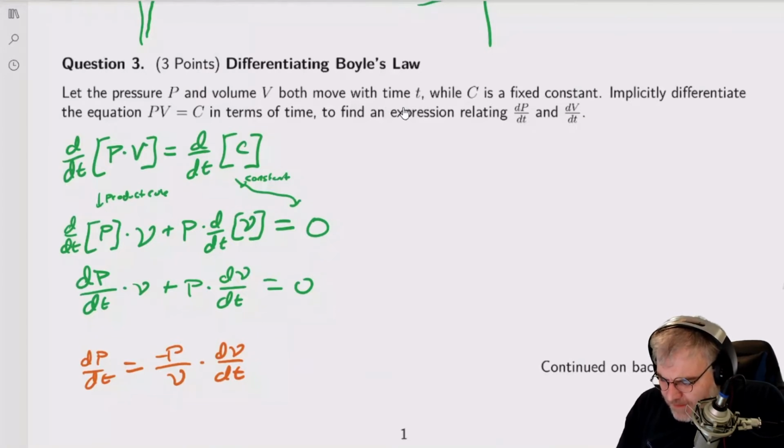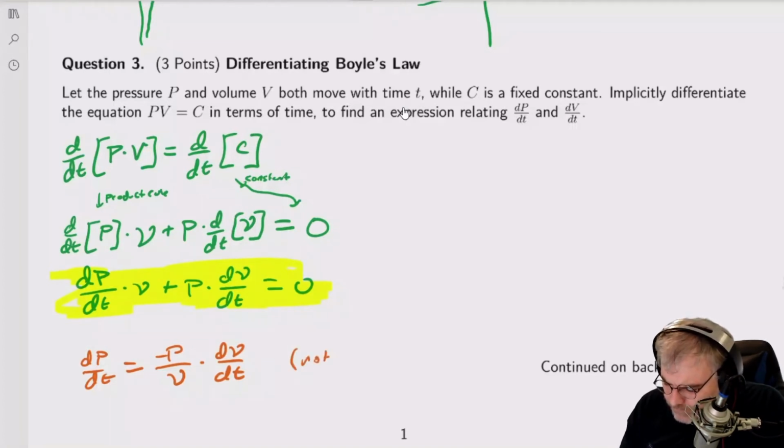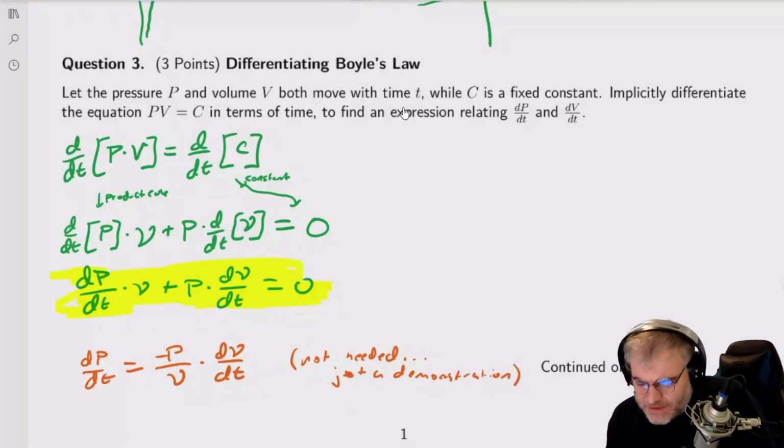All right. So this one right here, you had to take the derivative of both with respect to time. If you take the derivative of both implicitly, you wind up with this. The orange thing is not needed. This is the final answer you need. So the idea here is I differentiate both implicitly.